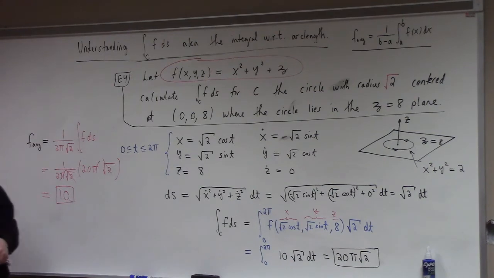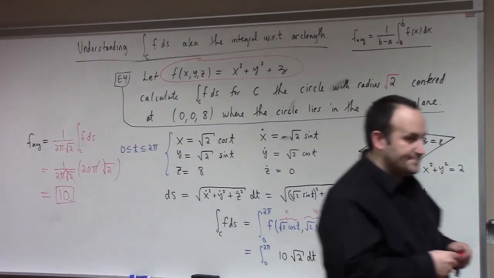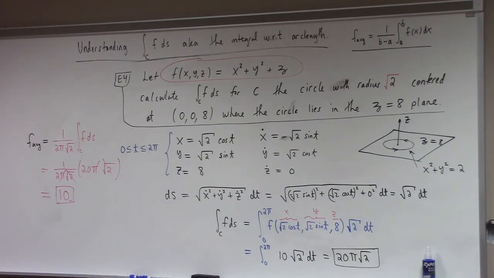This is, in fact, a very unsurprising result. Why? Should you even need the notion of calculus of arc length to tell me that the average of the function was 10 on this curve?